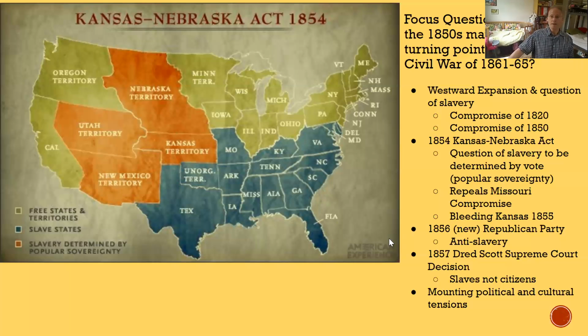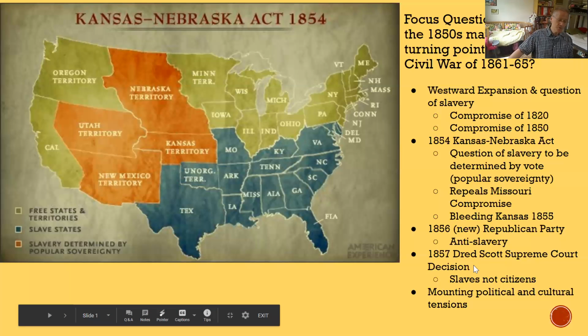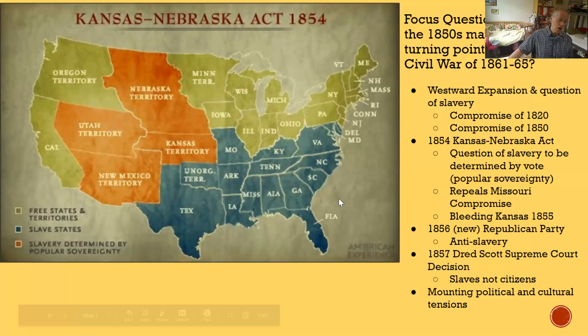Now, then you have another turning point in 1857 with the Dred Scott Supreme Court decision. What this decision basically entails is the declaration that former slaves and slaves are not U.S. citizens and have therefore no human rights, no civil rights.